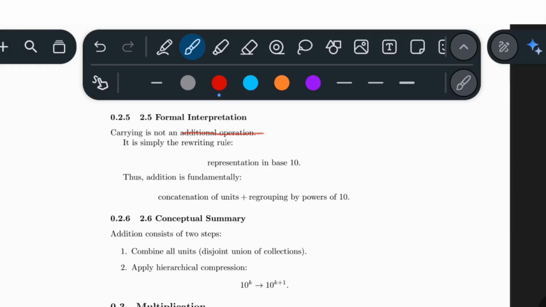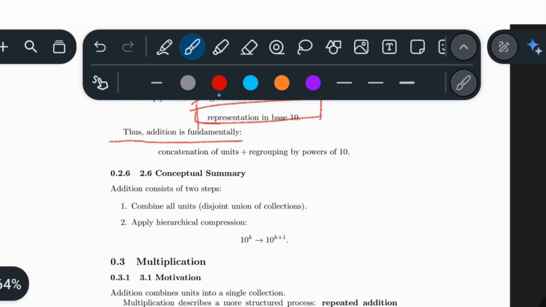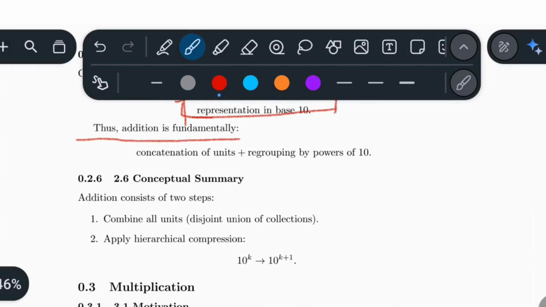And when we talk about carrying, it depends on the base. When we discuss binary representation, we will see that its carrying over is different from this. Both have the same understanding. So addition is fundamentally concatenation of units and regrouping by powers of 10.